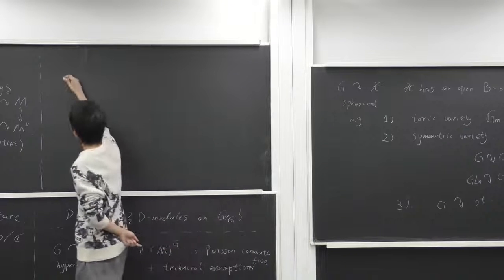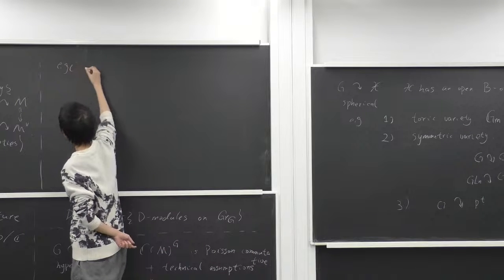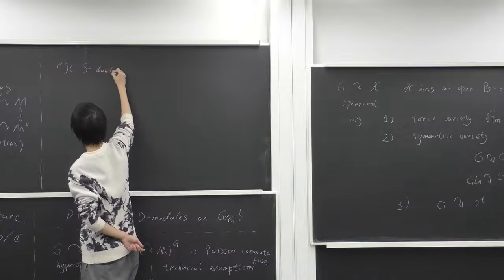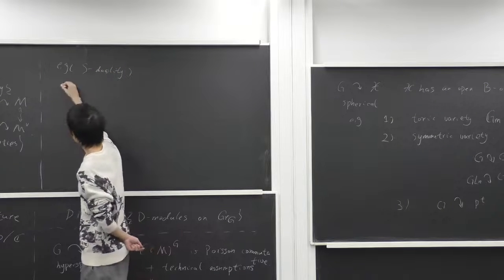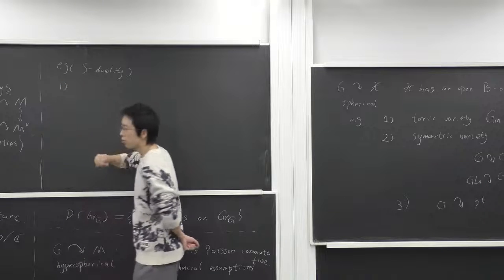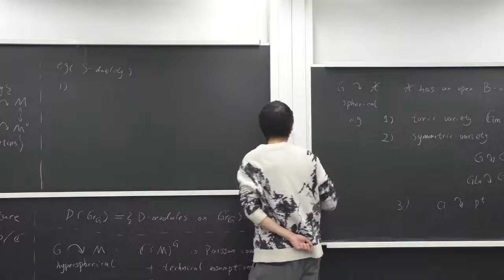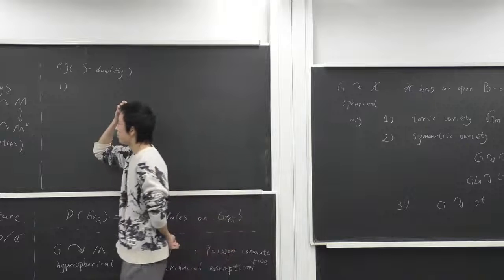So first, examples of duality pairs. The first example that we consider here is the group case that we mentioned. The group case is self-dual.